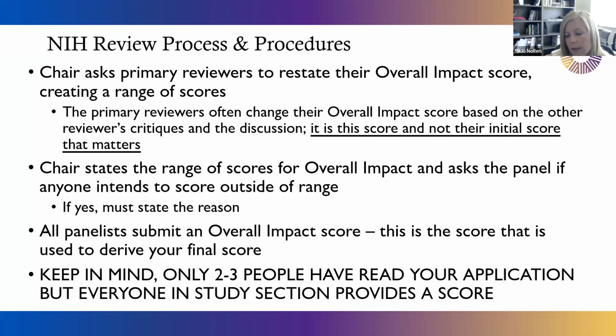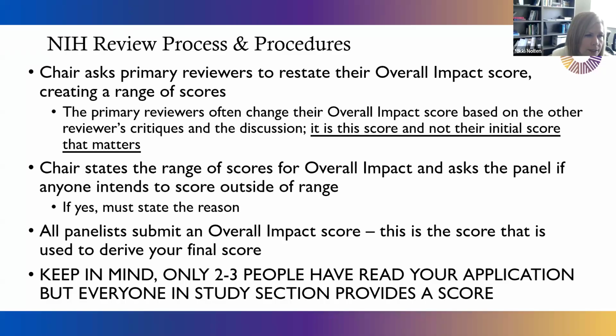So if a reviewer gave your application a 2, which is a strong score for the impact, but other reviewers were less favorable and the discussion was less favorable, they may change their score to a 4, and it's that 4 that you're going to see that goes into calculating your score for the grant.